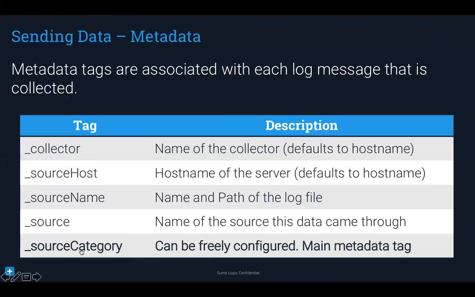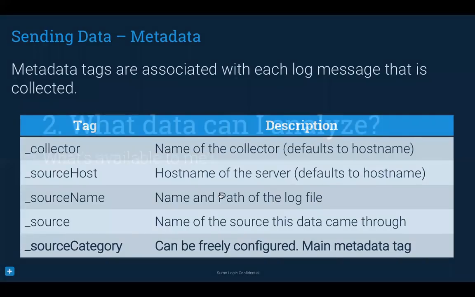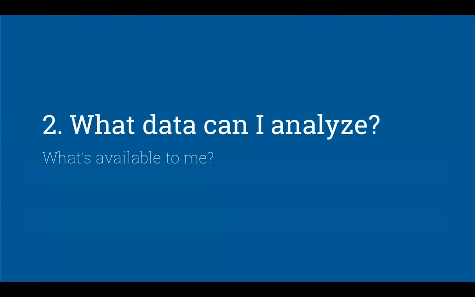And then a source category, which can be configured freely, meaning that it can be anything that you want. So we have some best practices around this, and we cover this in Setting Up Sumo. And you'll see me use a lot of the best practices in a little bit. But we more often than not suggest that you use source category when you're searching your data. So I'm about to show you how to do exactly that.